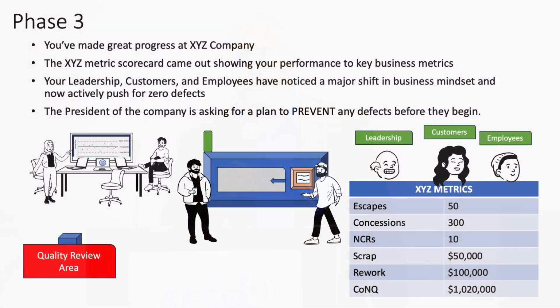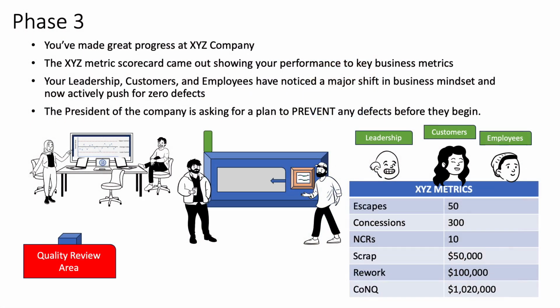We're going to go into the 3rd phase, and happily, we see a lot of you already started that. So that's great. You've made a lot of great progress, and your metric scorecard, your control tower, is looking a lot better for quality metrics.